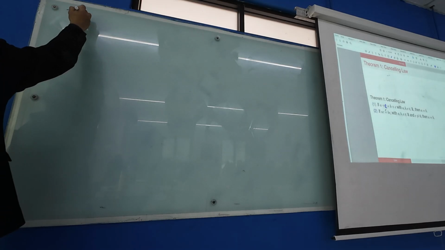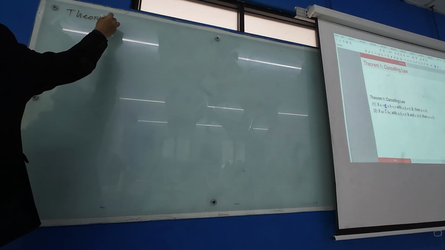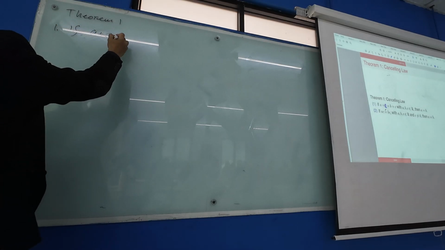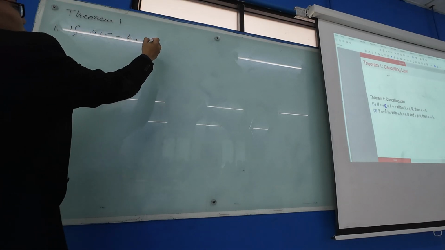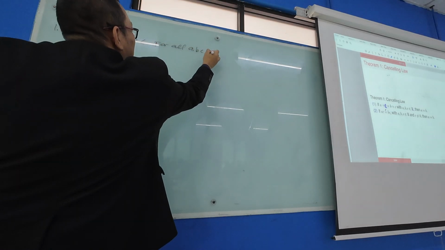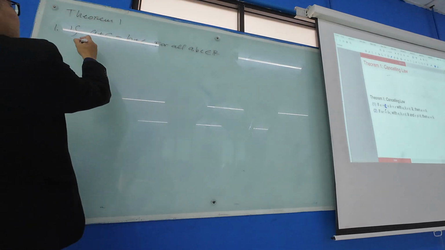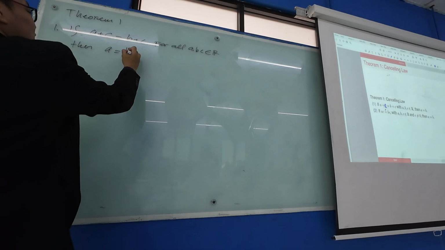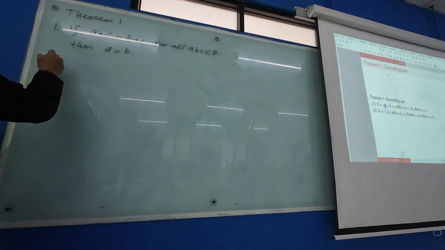Theorem 1, number 1: if A plus C equals B plus C for all A, B, C belonging to the real numbers, then A must be equal to B. How to prove this?